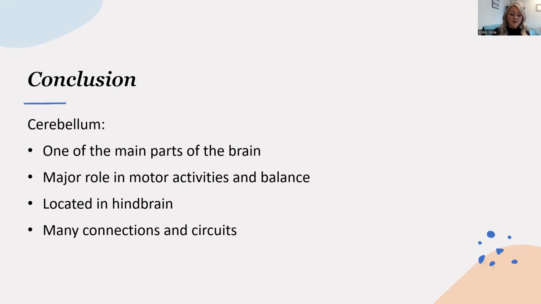The cerebellum is often referred to as the little brain and plays a major role in many motor activities. While many circuits and connections have been established in research, the functionality of all is not clear. However, there have been many astonishing findings and ways to use the knowledge of the cerebellum to better create therapies and treatments to aid in certain conditions and diagnoses.